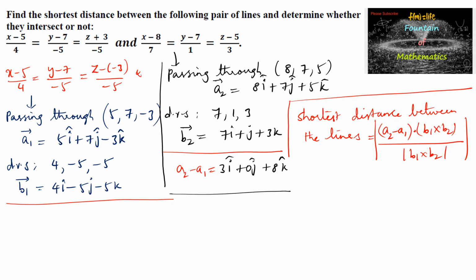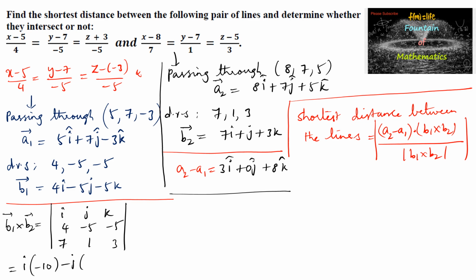Now let us find b1 cross b2. b1 cross b2 vector is equal to the determinant of i, j, k; 4, minus 5, minus 5; and 7, 1, 3. That is i times of minus 15 plus 5, that is minus 10, minus j times of 12 plus 35, that is 47, and plus k times of 4 plus 35, that is 39.